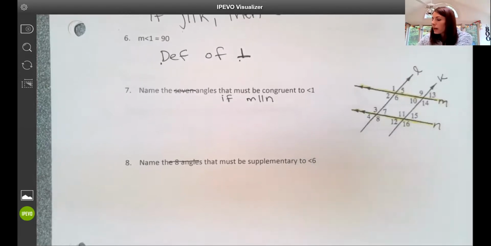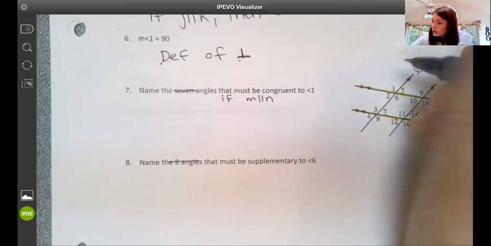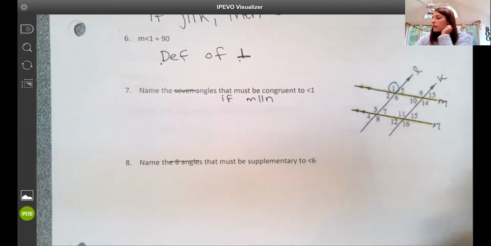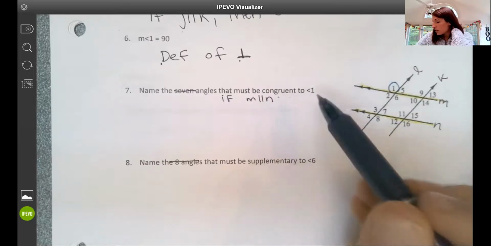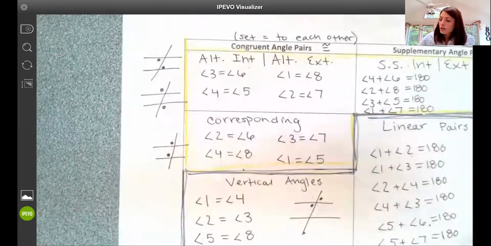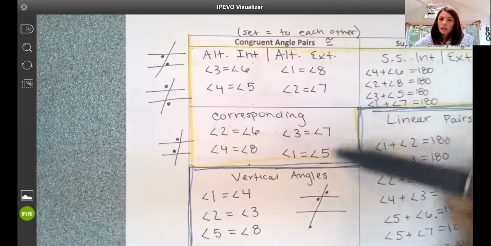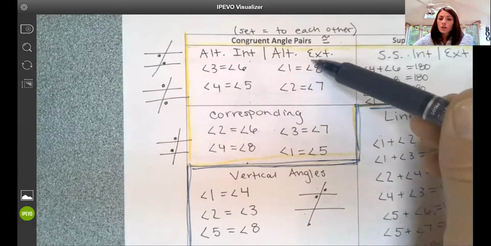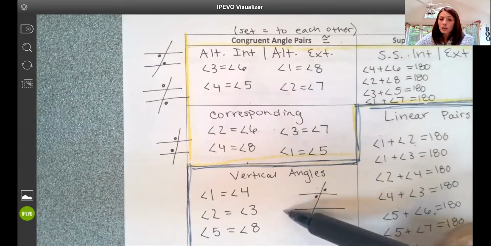So there are my parallel lines, and here's angle 1. Congruent to angle 1 means any angle that falls into this column: alternate interiors, corresponding, and vertical angles.